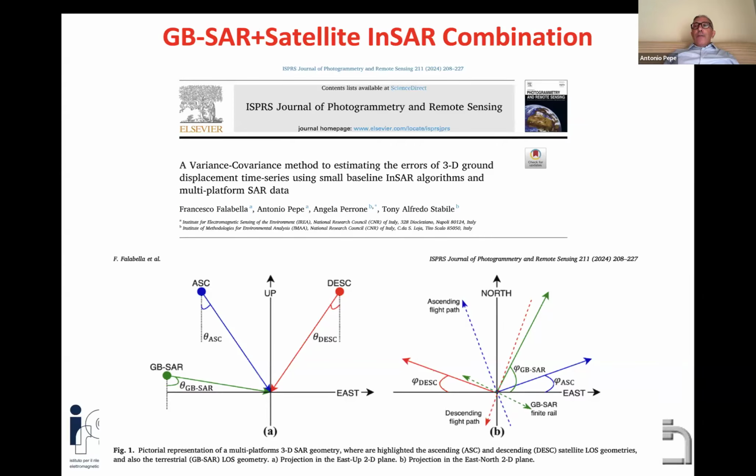In this case, we are free to mount the ground-based instrument where we want. And so we can reconstruct the north-south component of deformation because we can arrange the position of the ground-based instrument in such a way as to have additional information regarding the north-south component of the deformation.